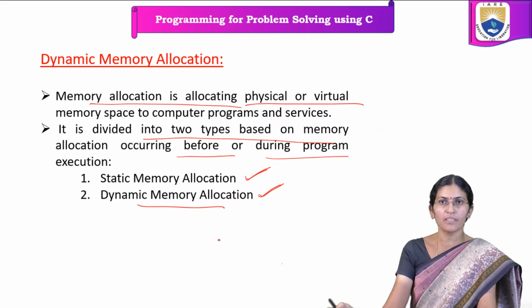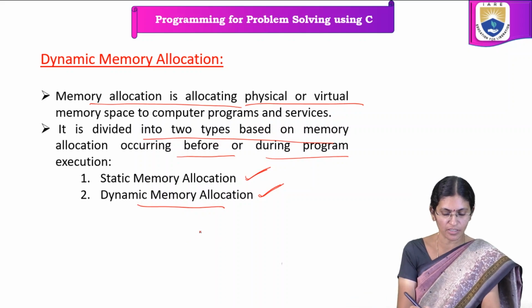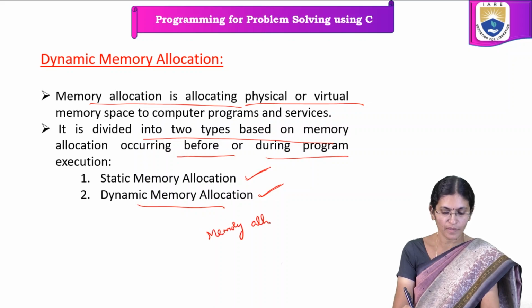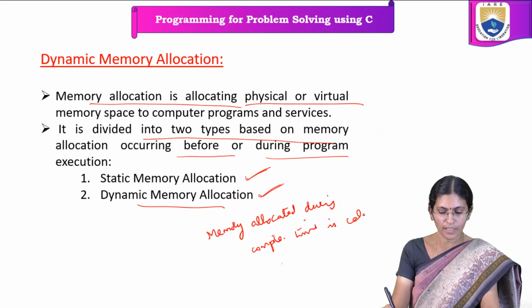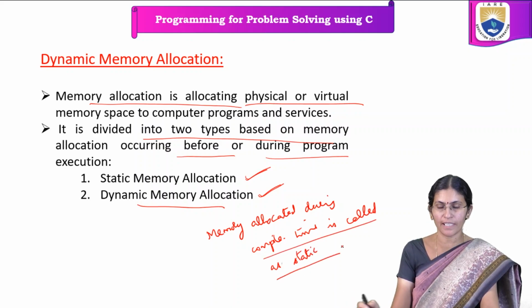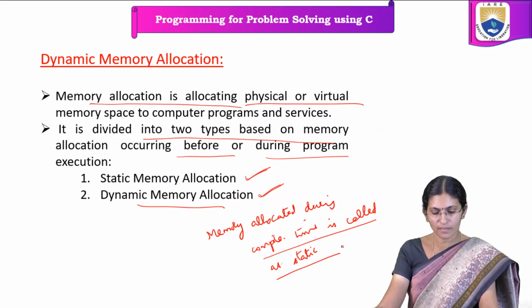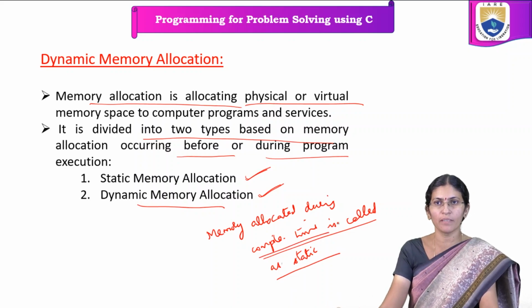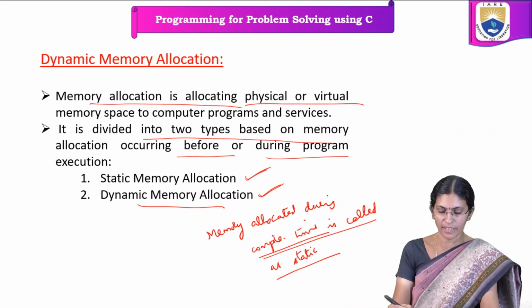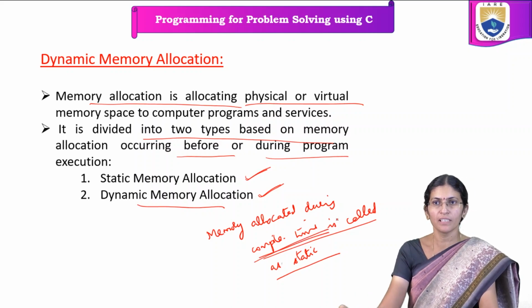Static memory allocation is nothing but memory which is allocated during compile time. Memory allocated during compile time is called static memory allocation. Once we write the program, at compile time itself the memory is allocated.